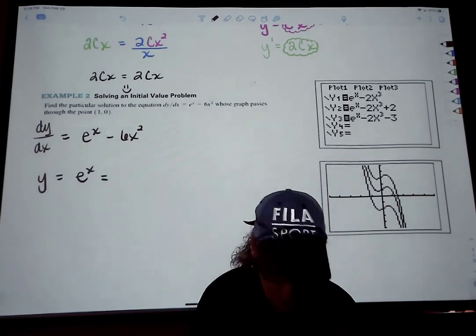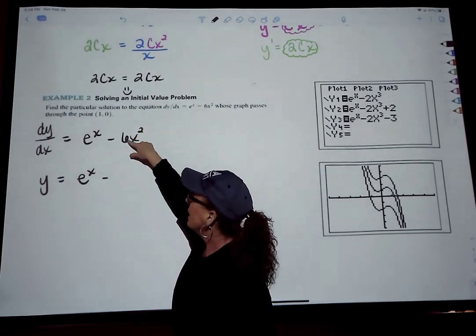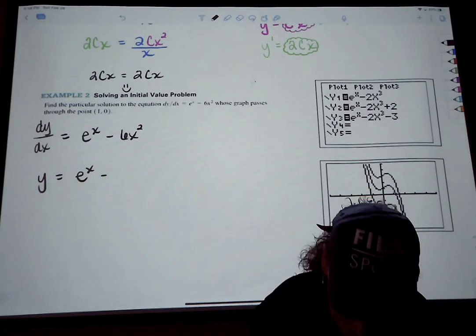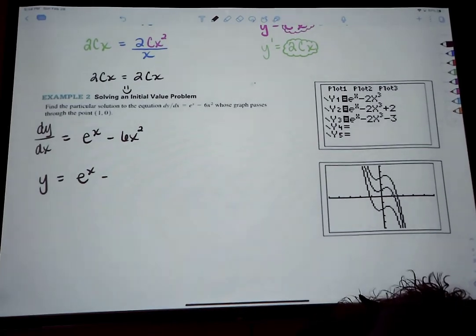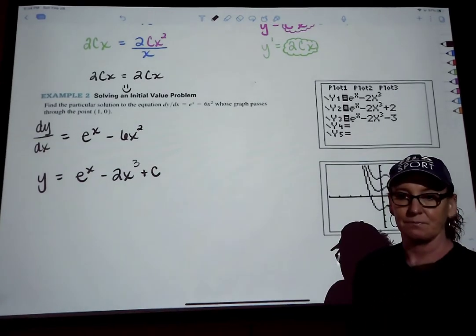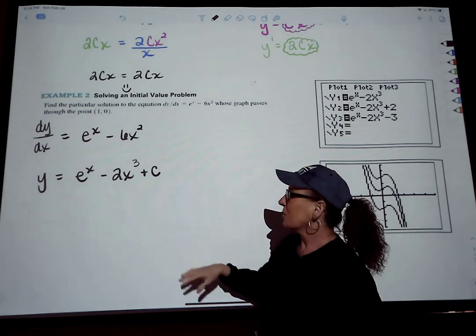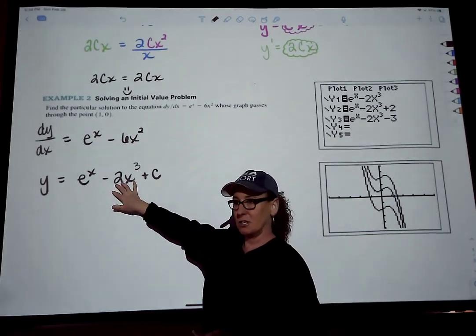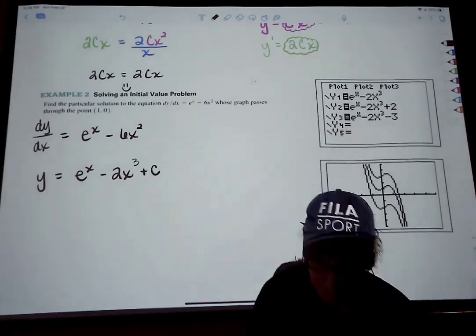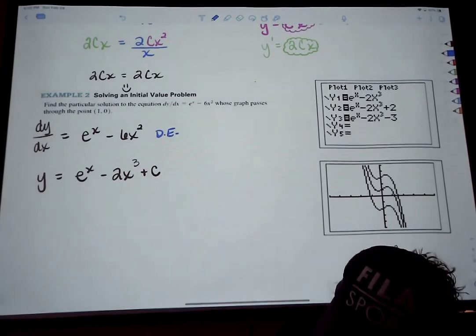Antiderivative of this, I'm going to raise it and divide. And don't forget your plus c. All right, you know what this is called? This is called a general solution to this differential equation. So let's label some stuff here. This is a differential equation.